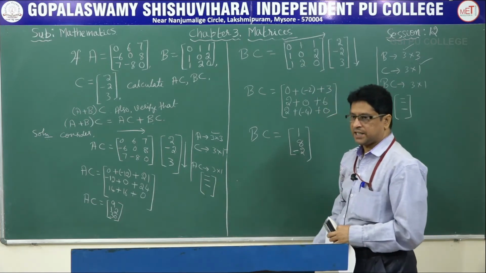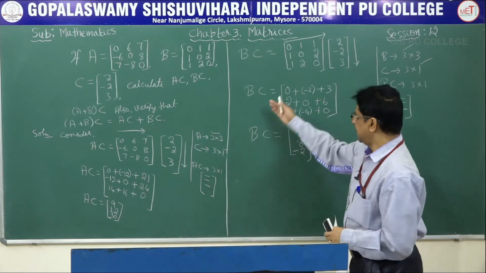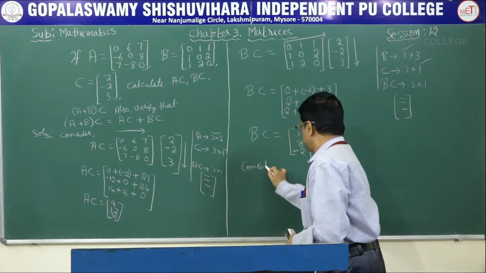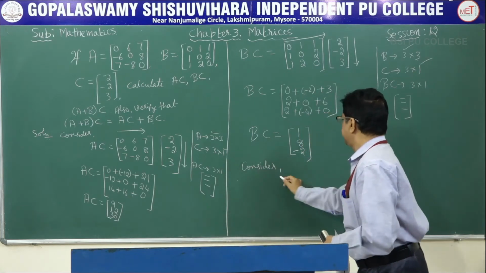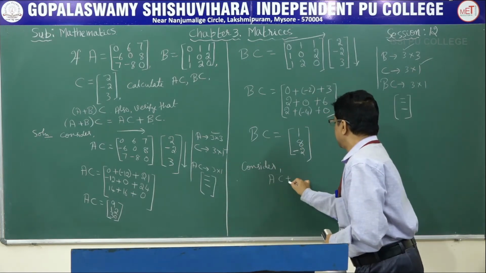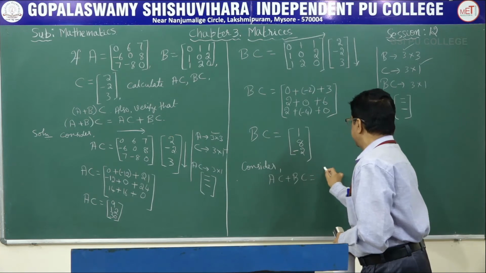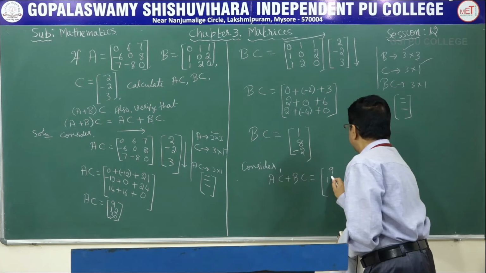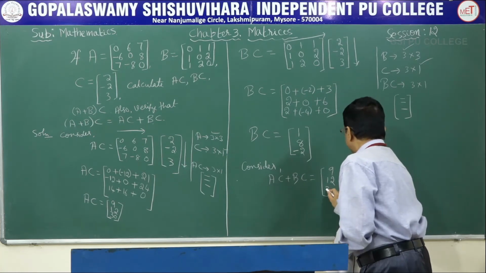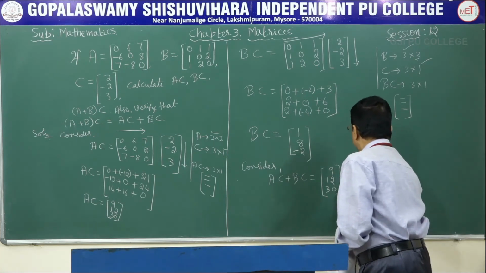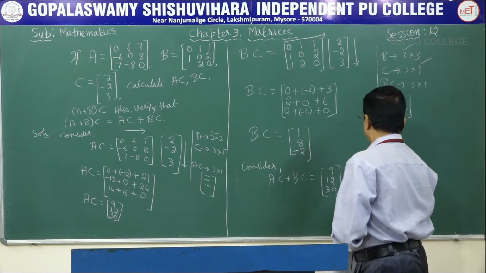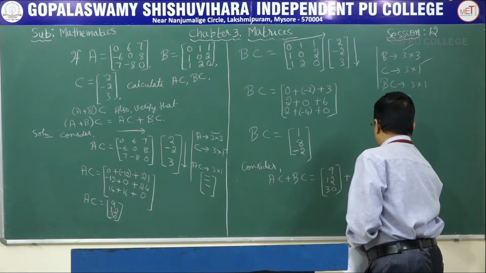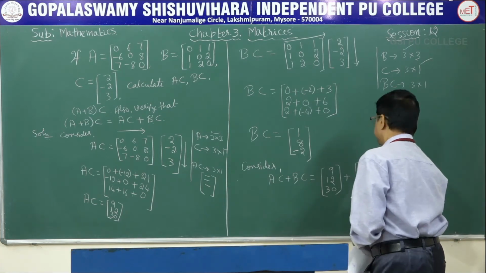Next, let us consider the sum of AC and BC. AC plus BC. So AC matrix is 9, 12, 30 plus BC matrix is 1, 8, minus 2.